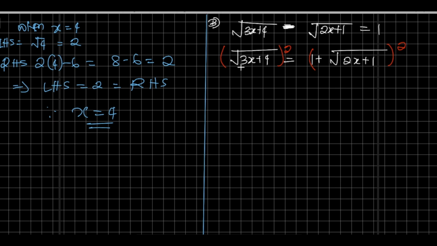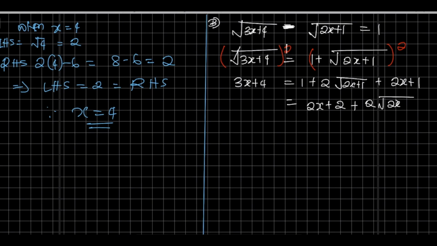So squaring both sides, square and square root cancel each other. Here we have 3x plus 4. And then here, if you simplify, we have 1 plus 2 root 2x plus 1, plus 2x plus 1. And then if we collect like terms, we have 2x plus 2 plus 2 square root of 2x plus 1.